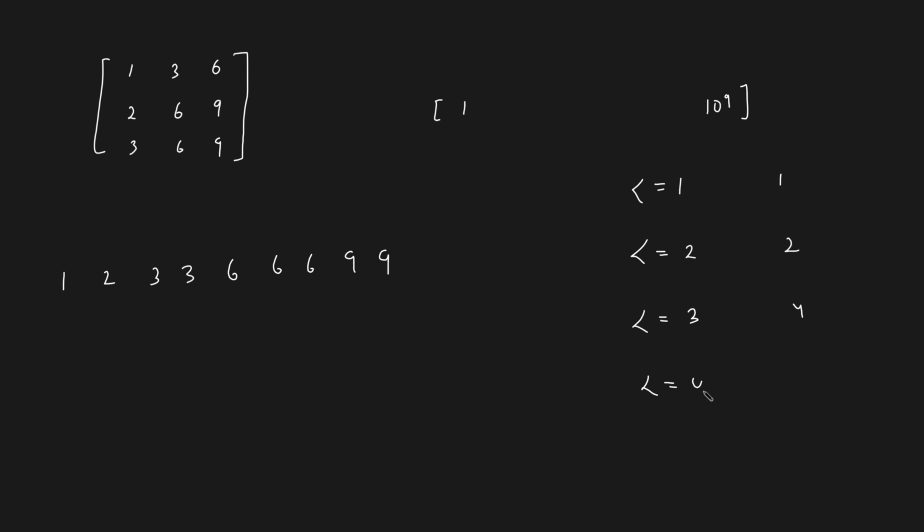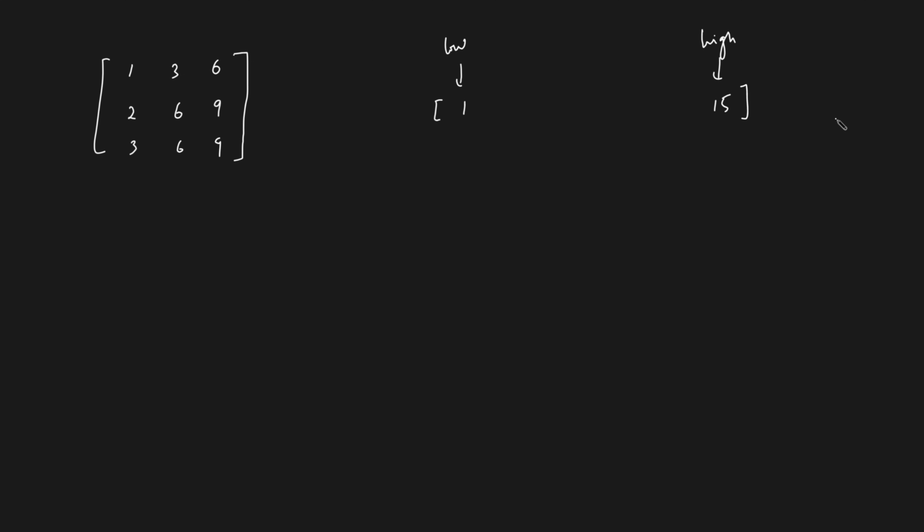If I say how many are lesser than equal to 4, I again say 4. If I say how many are lesser than equal to 6, I actually say 7 numbers. And if I keep on writing, I definitely see a monotonic increasing function. So if I can see such a pattern, I can definitely use binary search on it. Yes. And now how to use binary search? Let's understand in the next part.